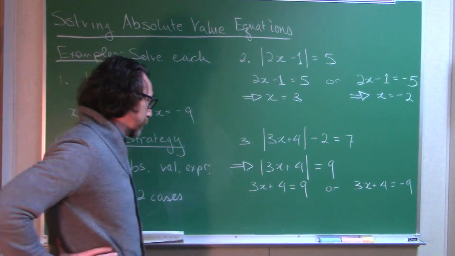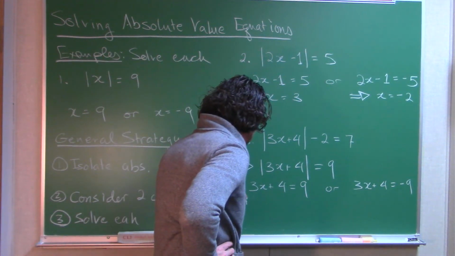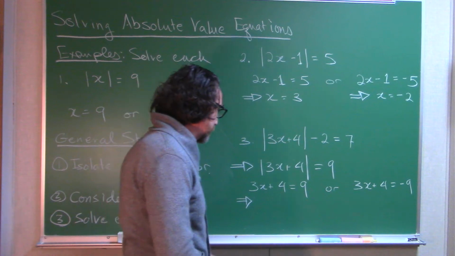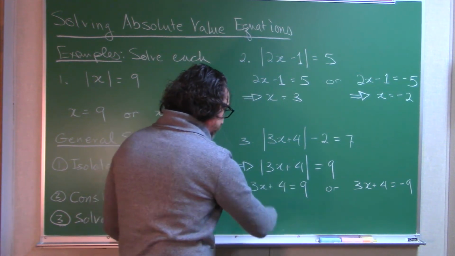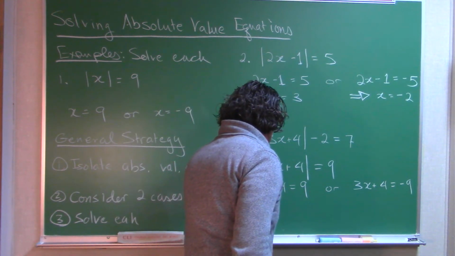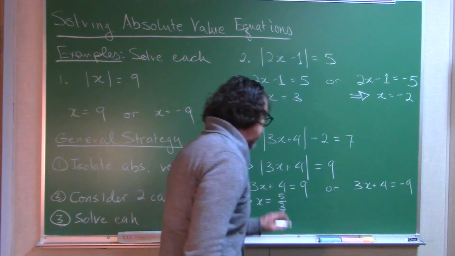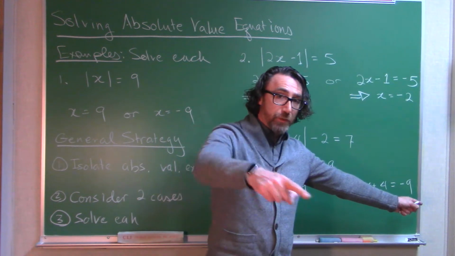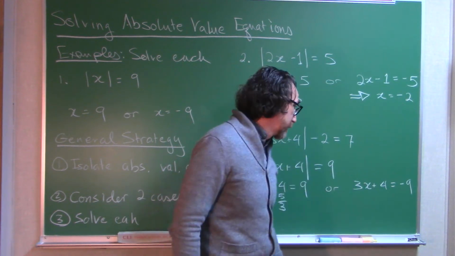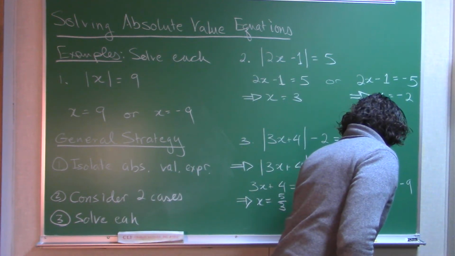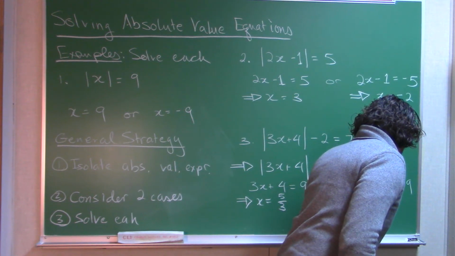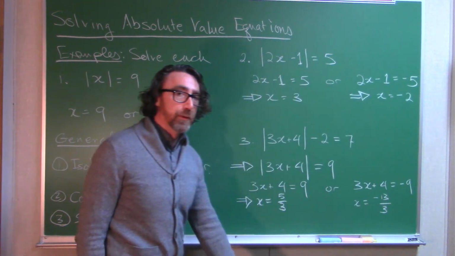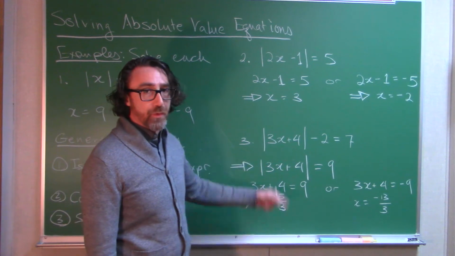Alrighty, so two linear equations to solve. Subtract the 4, divide by 3, x equals 5/3. Subtract the 4 here, you get negative 13 over on the right-hand side, and you get x equals negative 13 over 3. You can go ahead and check these in your original equation.